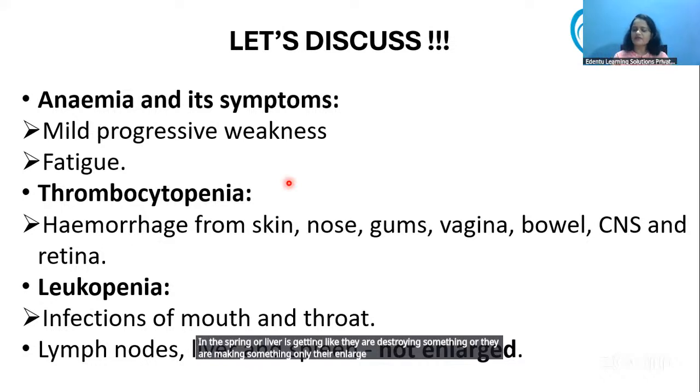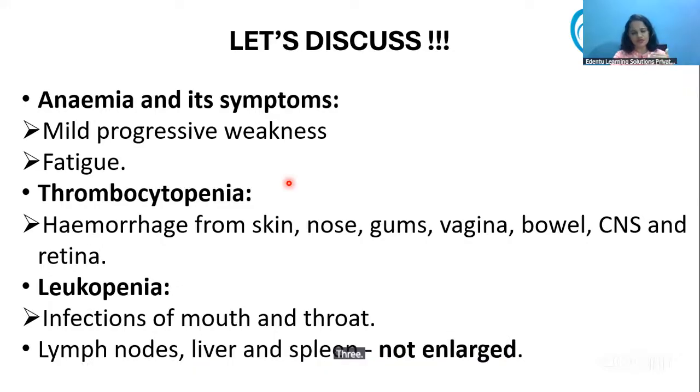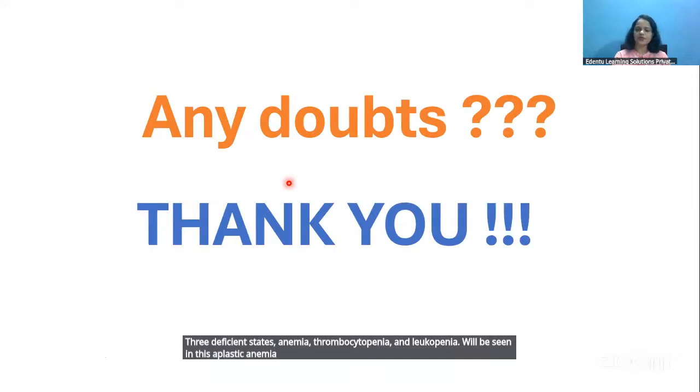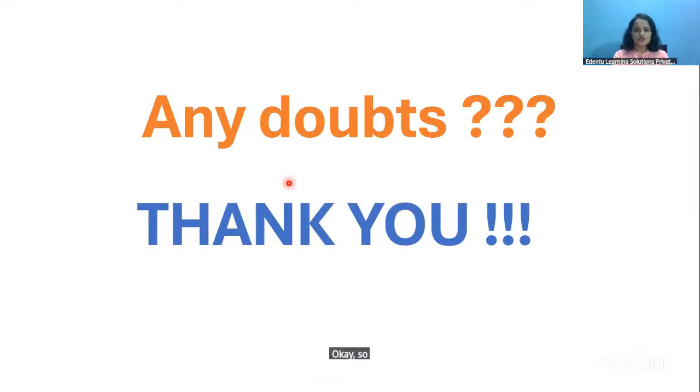But here everything is reduced, so hepatosplenomegaly is also not observed. All the other features of the three deficient states, anemia, thrombocytopenia, and leukopenia, will be seen in these aplastic anemia patients.